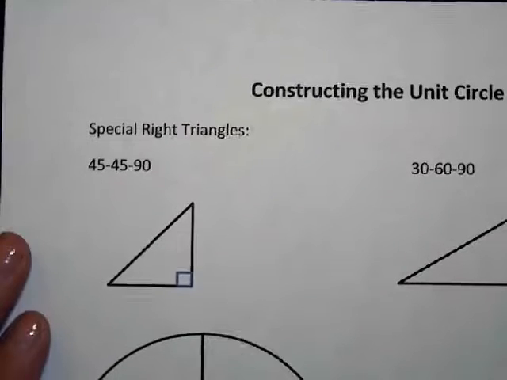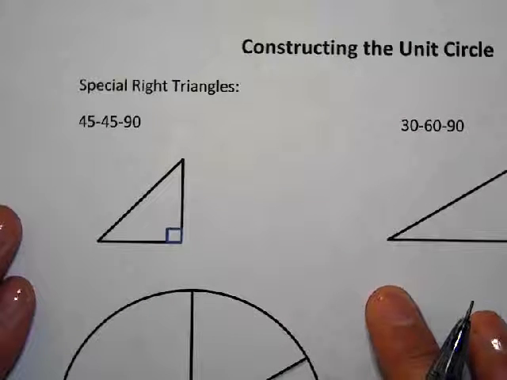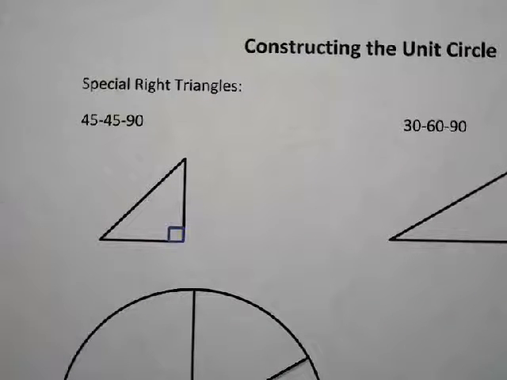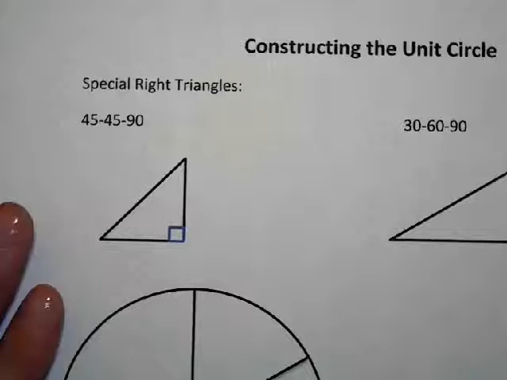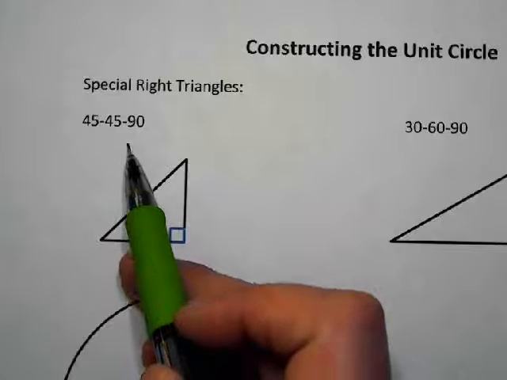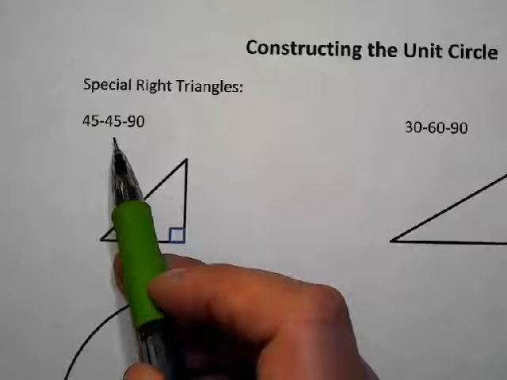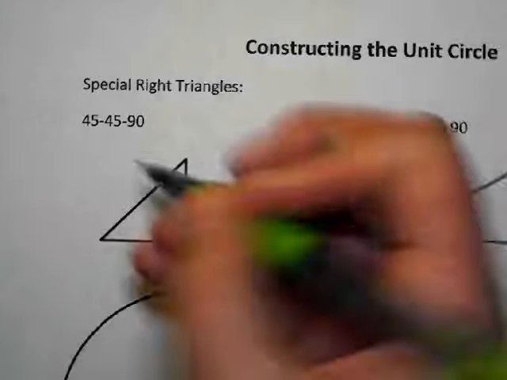We've got 45, 45, 90 triangles. Do you guys remember learning about these in Math 2? Special right triangle, 45, 45, 90. You remember learning about it? Yes, I have it in my notes.